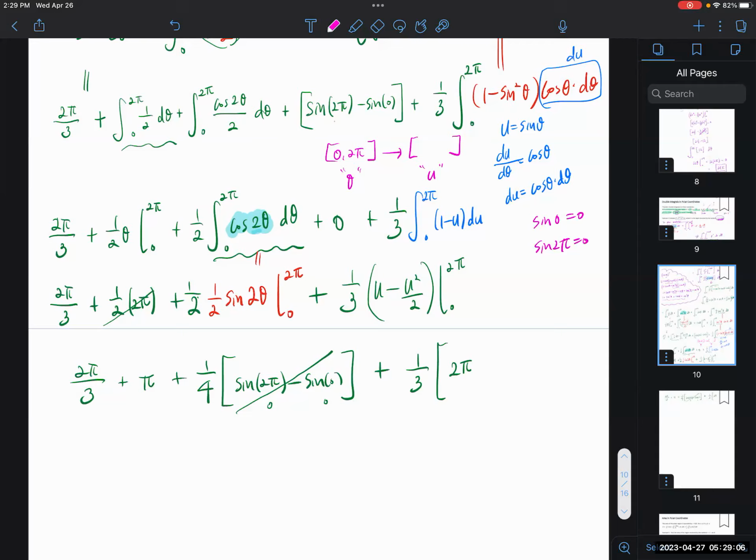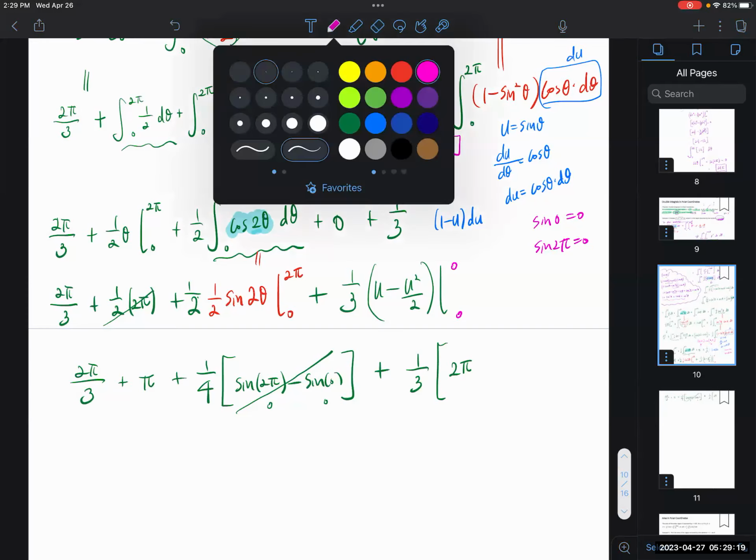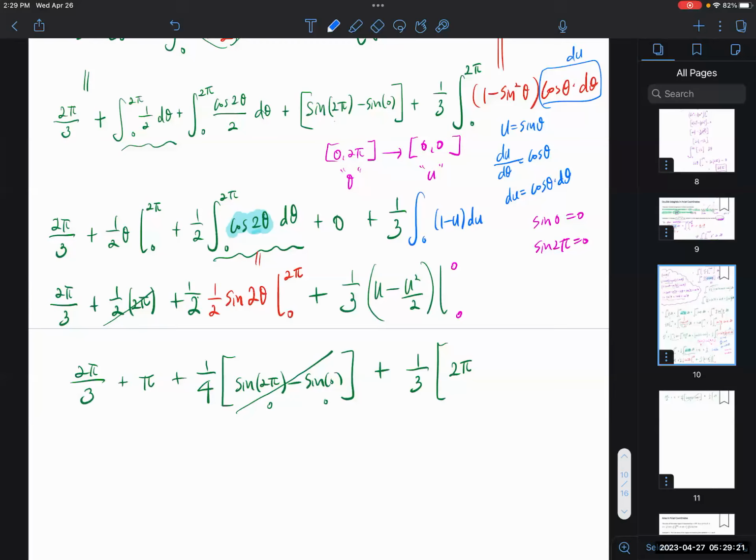Sine 2 pi is 0, so 0, 0 actually. You see that? Because we use a u substitution. So instead of 2 pi, we have 0, 0. So actually it's 0, nothing. There's no area between 0 and 0. So this is all going to be 0. So you don't even need to write it.